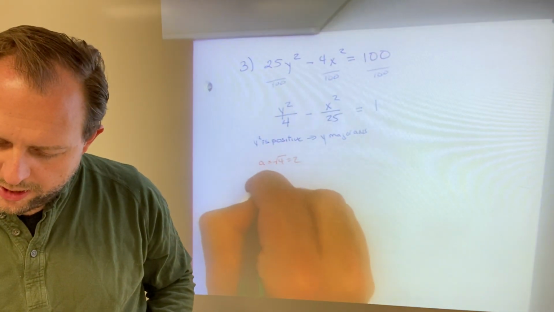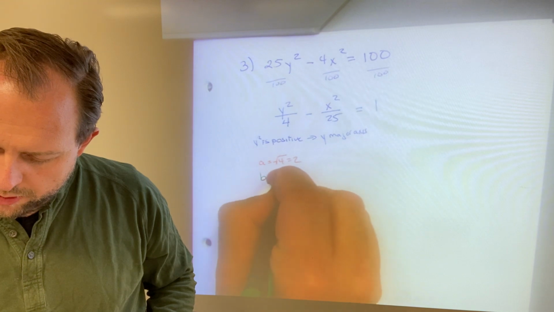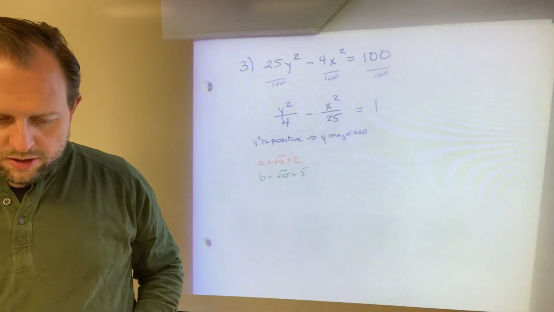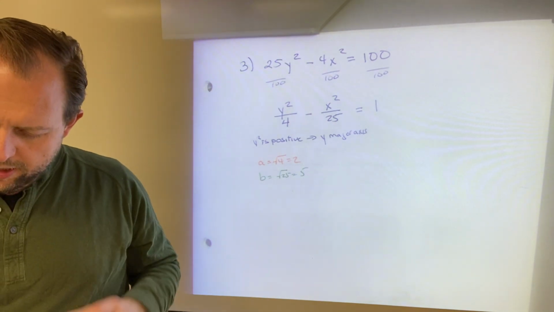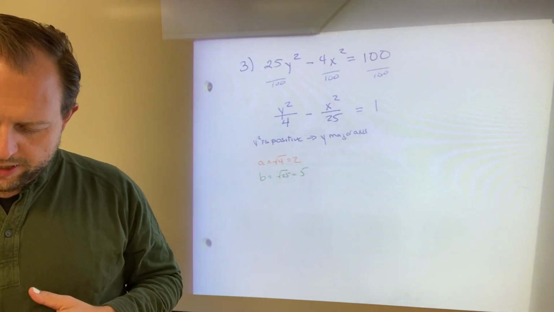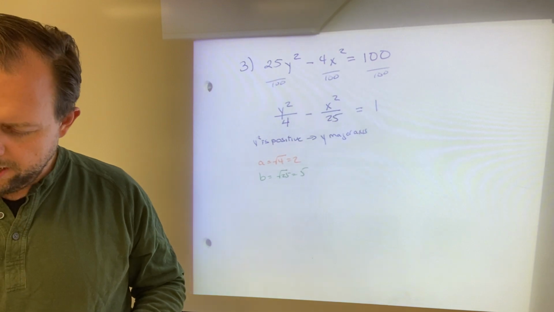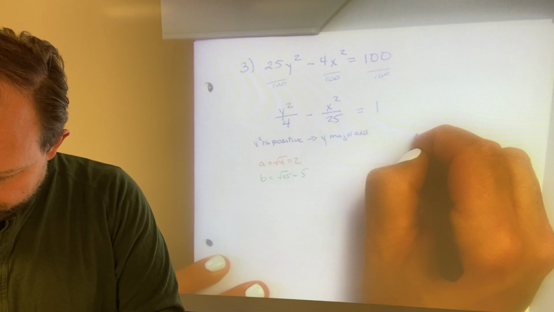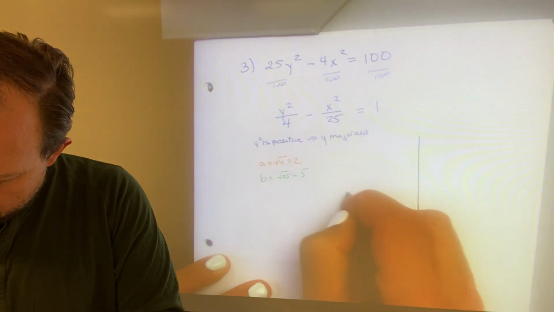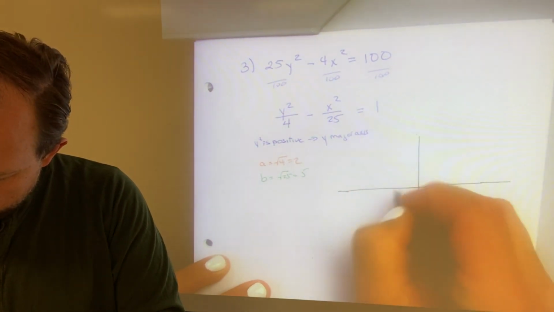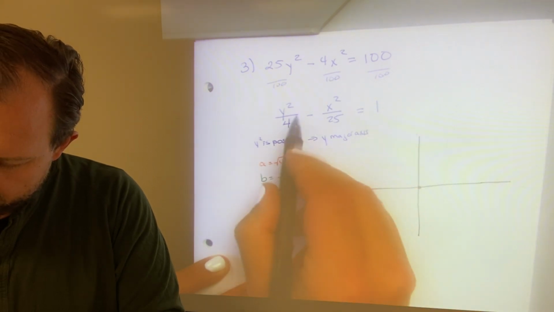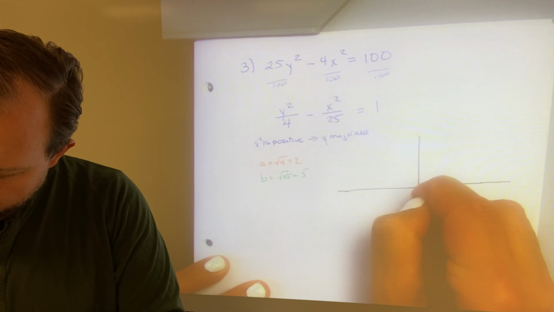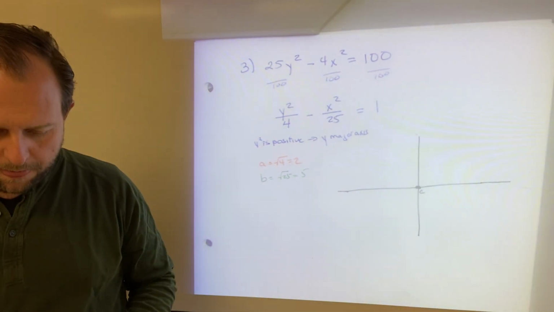And we have a b value, the square root of 25, which is 5. So we're going to have really short and wide rectangles being formed here. Again, they were nice enough to give us this centered on the origin, 0, 0, because there's no number after x or y.